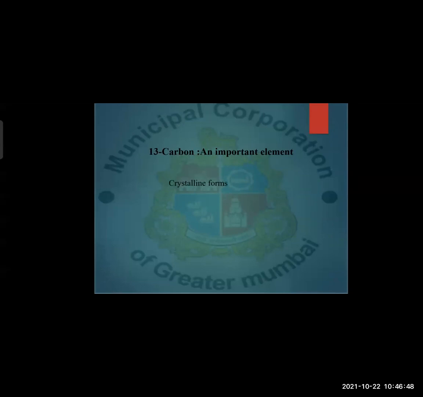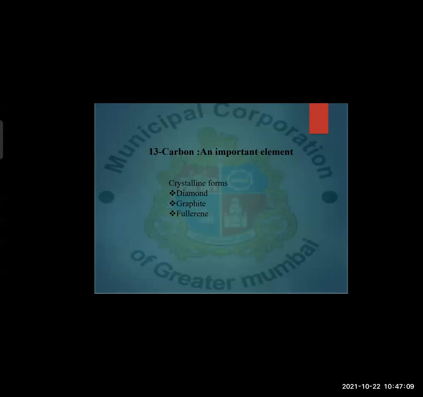Carbon occurs in nature in two states: free state and combined state.